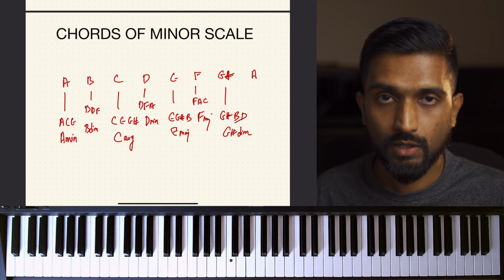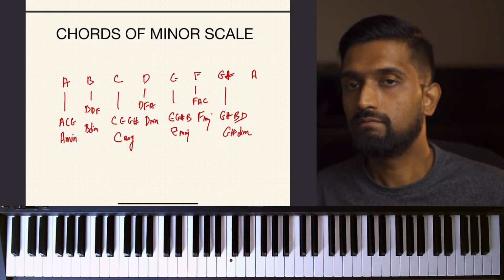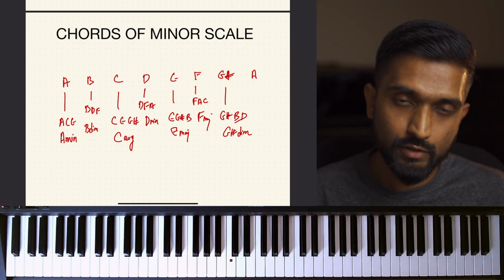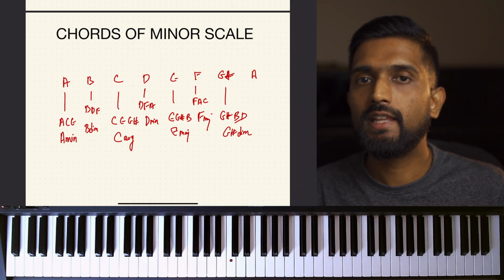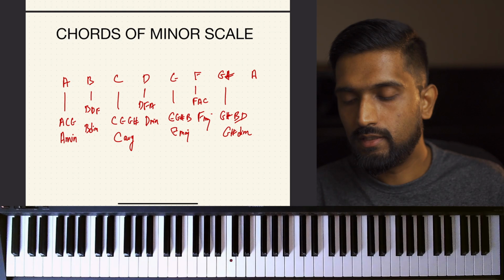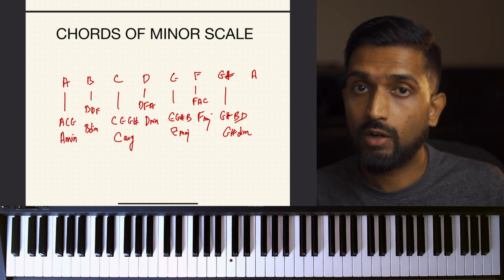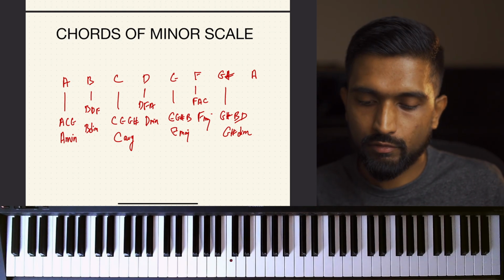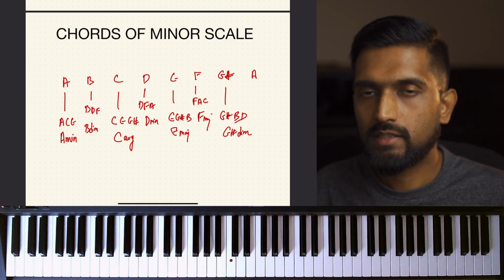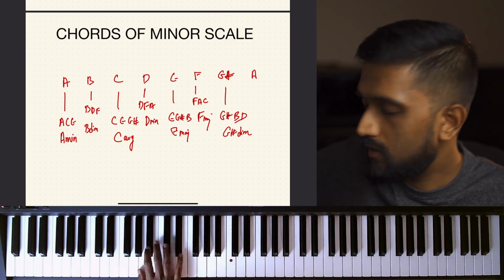So now these are your chords of the minor scale, and as you saw for the major scale, you take any harmonic minor scale, these are the different chords that you will get. I mean the chord qualities that you will get from the 1st to 7th notes. Let's play them one by one and hear them.